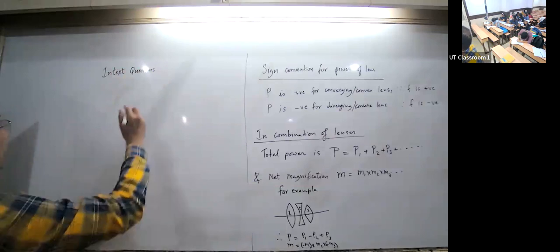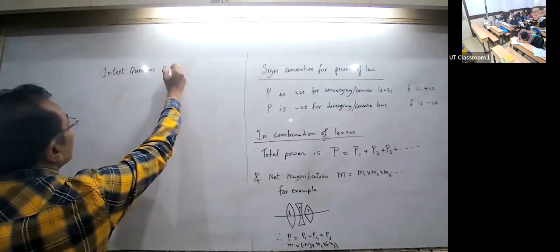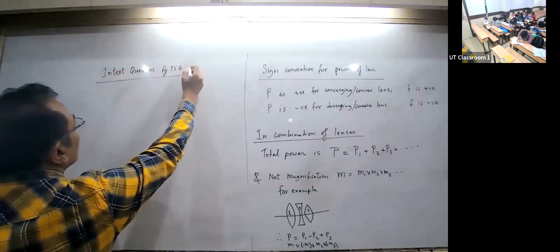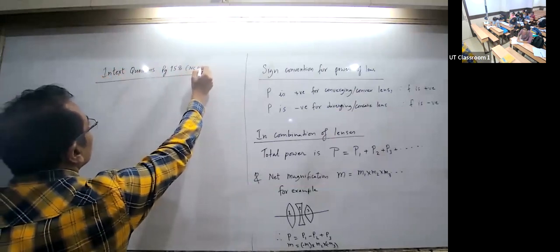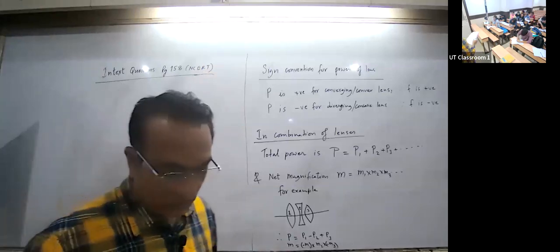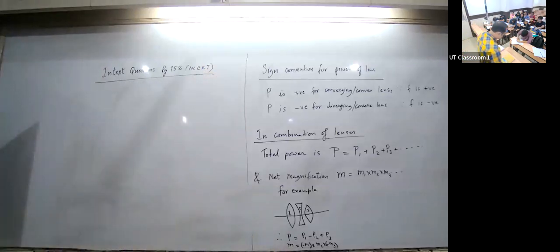Page 150. This is new now. So new is 158. Old book will be... Do you have the old book also? Okay, I'll tell you the old book page number.